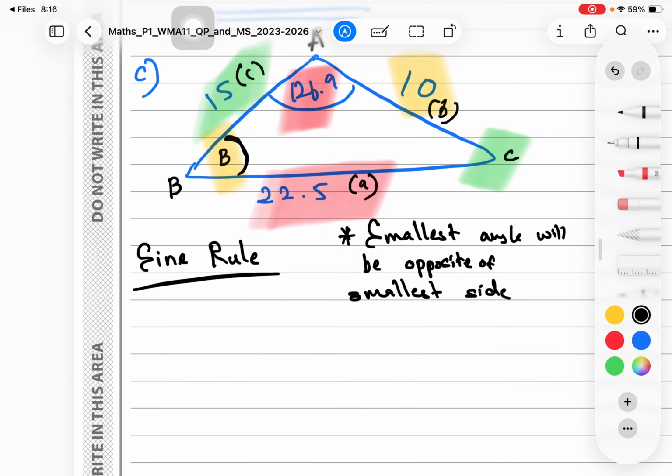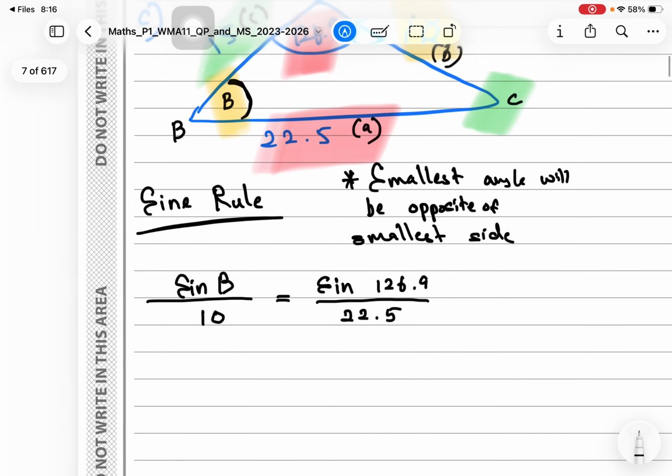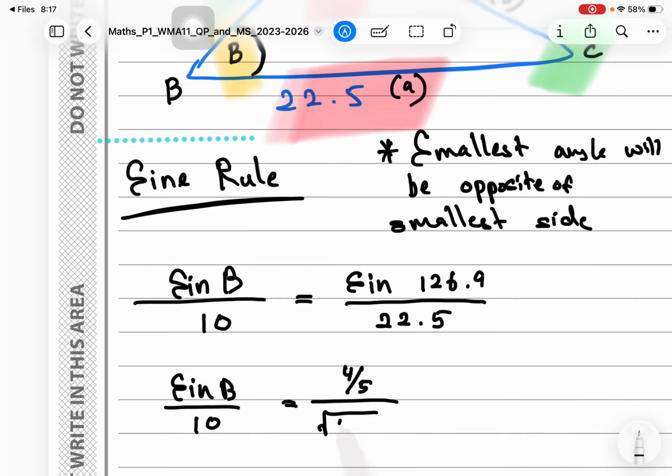Now, sine B divided by the side, which is 10, is equal to sine 126.9 divided by 22.5. We already know this value, so we can do the substitution. Sine B divided by 10 equals, as we already calculated, 4 divided by 5, divided by root 505.